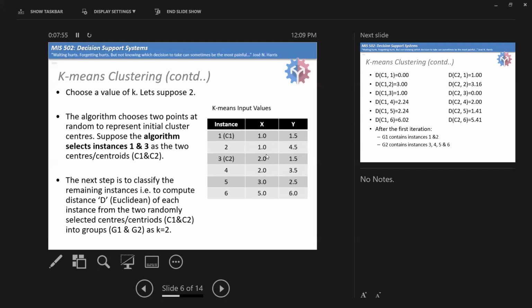Let's try to plot it. Normally we don't plot it because we have thousands of points, right? We cannot plot. Plus the attributes can be more than 2, 3, 4, 5, 6, right? But let's just draw it. We'll say 1, 2, 3, 4, 5, 6. Let's draw 6 by 6. 1, 2, 3, 4, 5, 6.